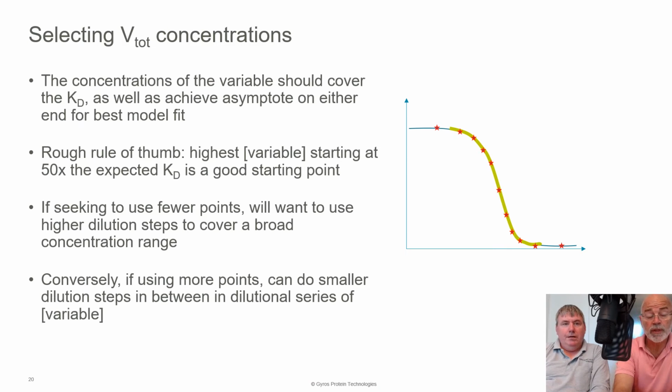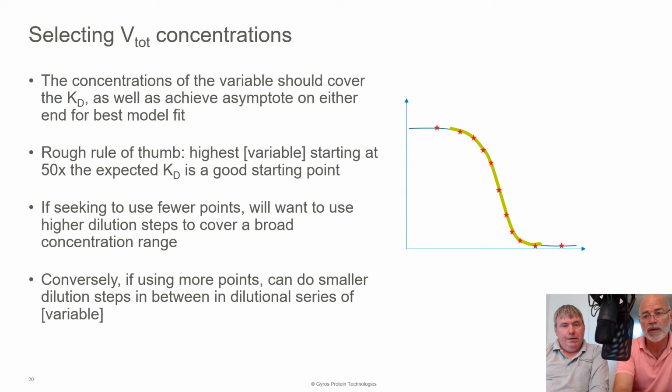So once you've selected your fixed concentration, the next thing you have to do is figure out what variable concentrations you're going to pick. Again, you're going to pick a range of variable concentrations that should cover the KD as well as achieve an asymptote on either side of the expected KD.